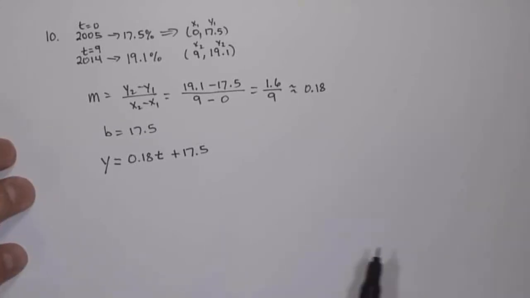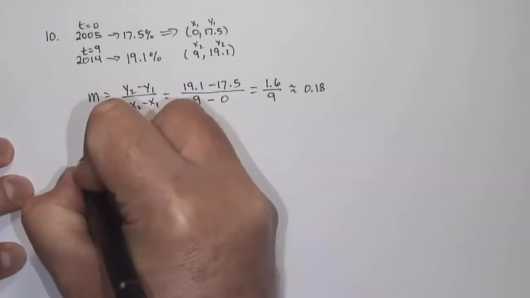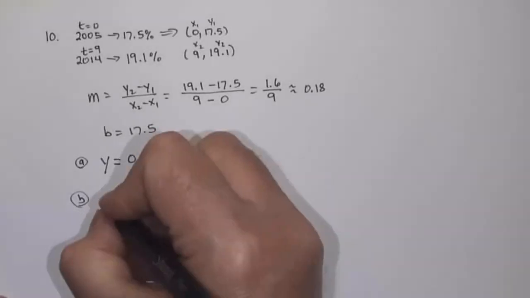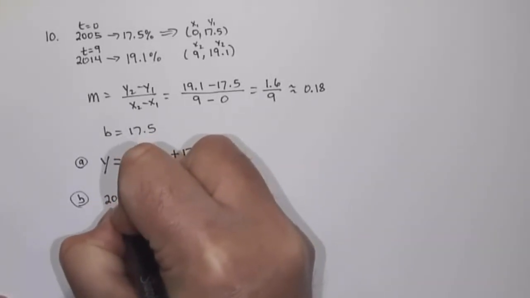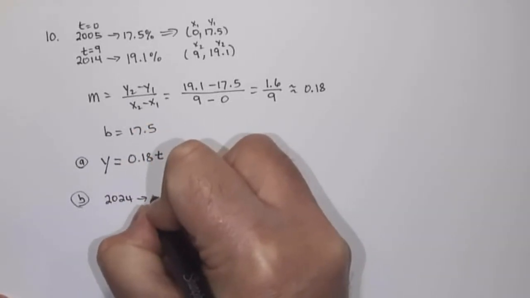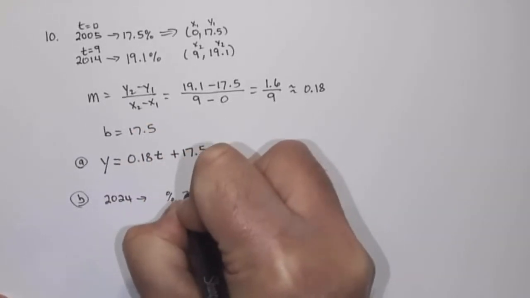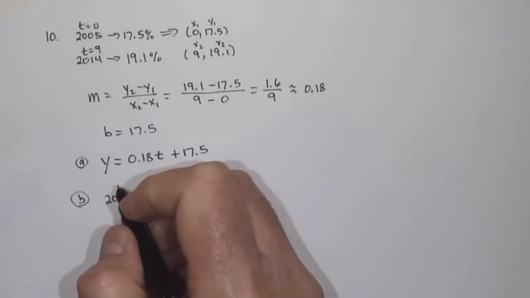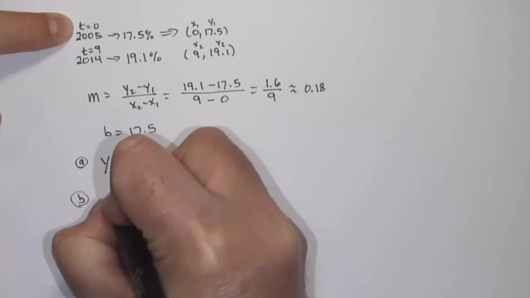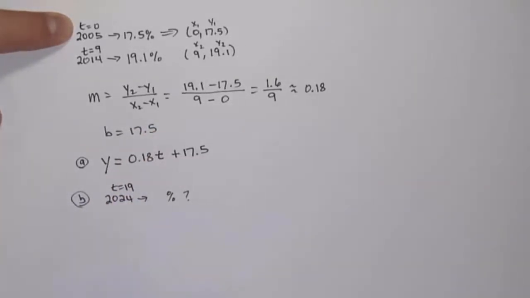Okay? Now part B, so this was the answer to part A. In part B, we want to predict the percentage of individuals participating in these activities in the year 2024. Now, if 2005 is year 0, then 2024 is year 19.